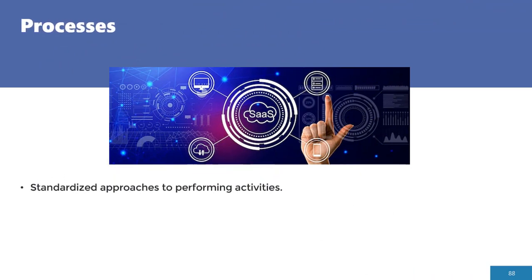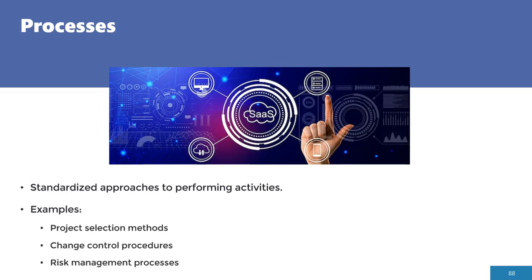So let's see the processes that are involved in the organizational process assets. These are standardized approaches to performing activities within the project. All right. Examples include project selection methods, how you select your project, change control procedures, in other words, how changes are being implemented in the project, risk management processes.